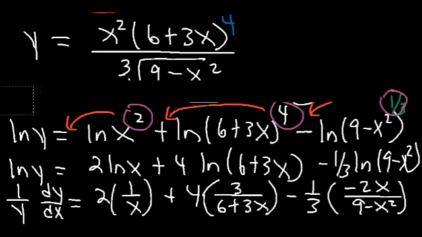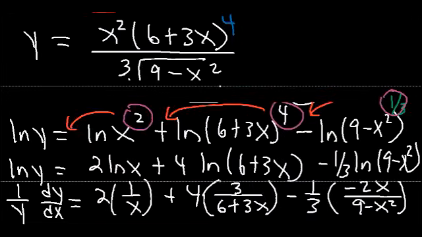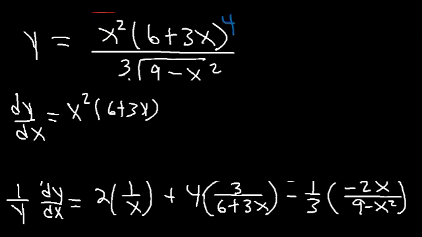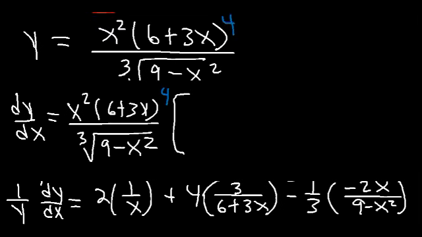So now let's multiply both sides by y. So dy/dx is equal to y, or basically this stuff, x squared times (6 plus 3x) raised to the 4th over the cube root of 9 minus x squared, and then times everything that we see on the bottom.